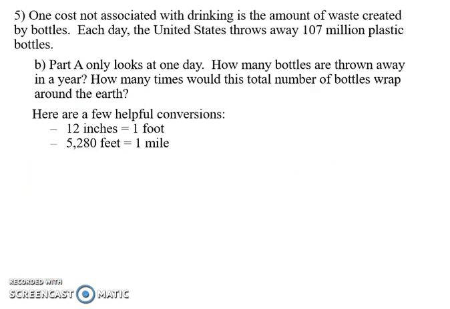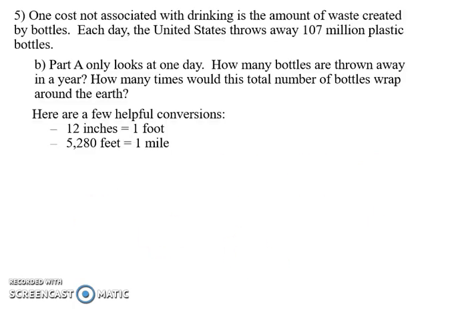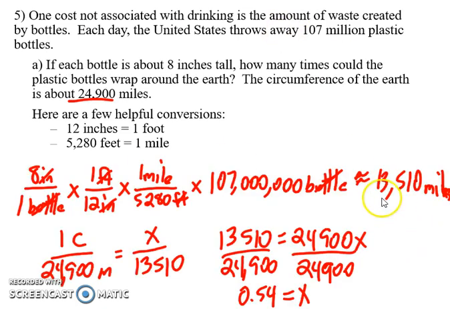So then the question is, well, what does that look like in a year? How many times could we wrap around? In the last problem, we said that we had 13,510 miles from one day. And now we've got 365 days.